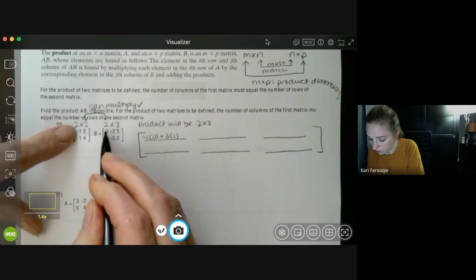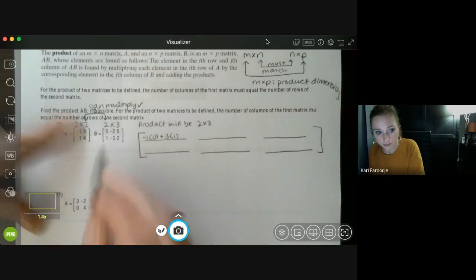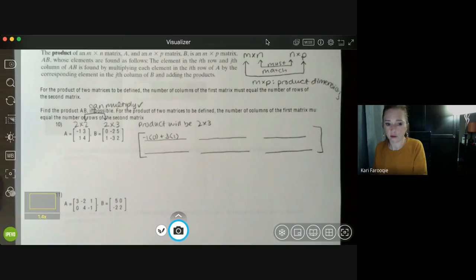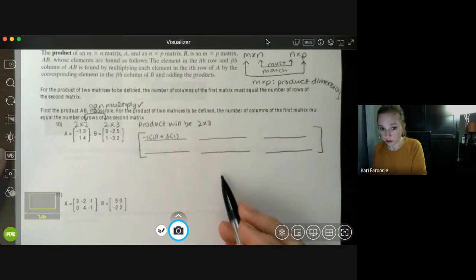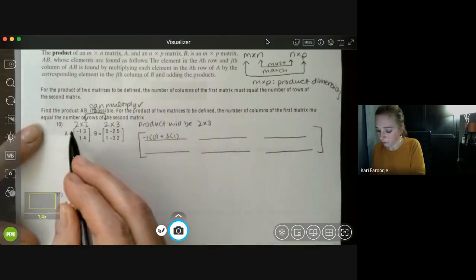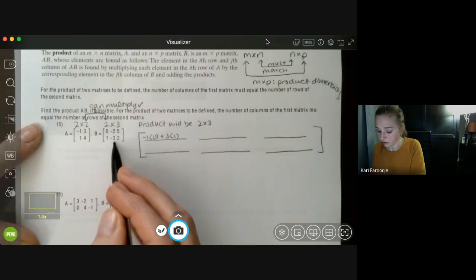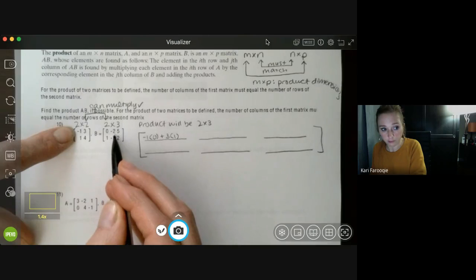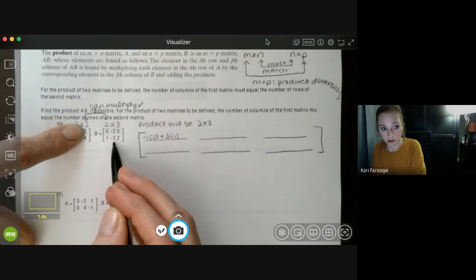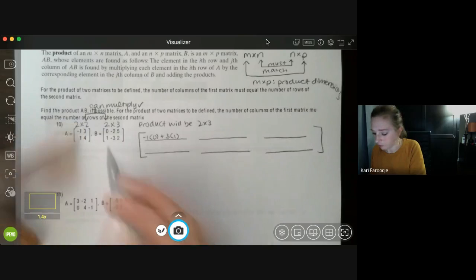So I went just across and down. I'm going to do the same thing for the first row, second column. I'm going to use the first row, second column this time. So -1 times -2, 3 times -3.